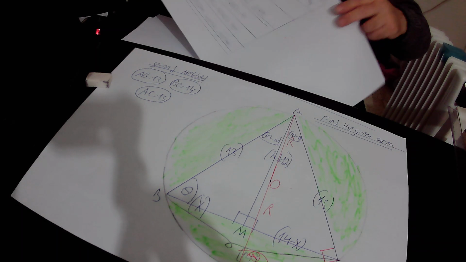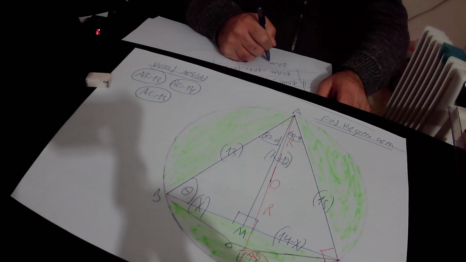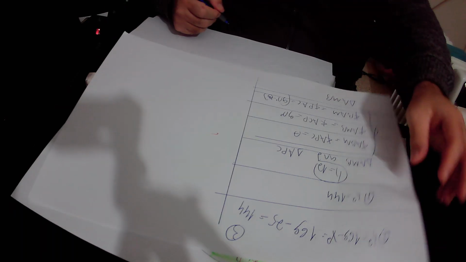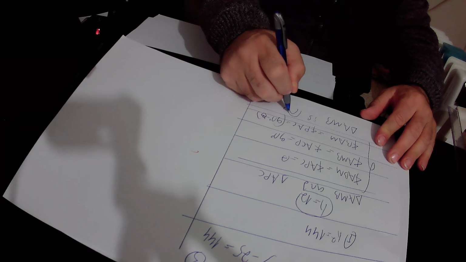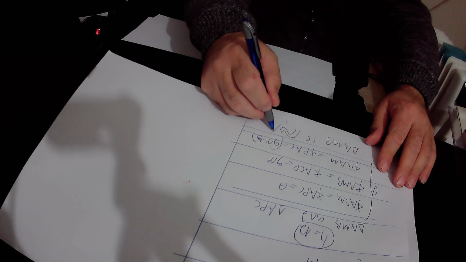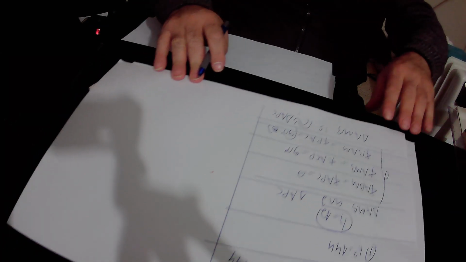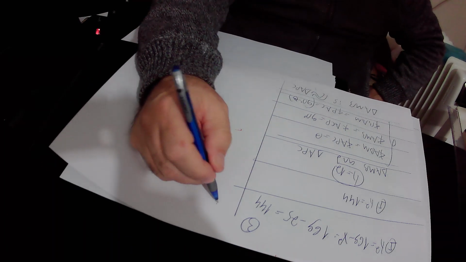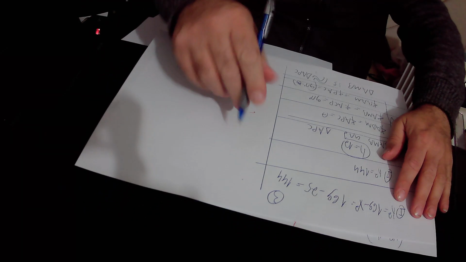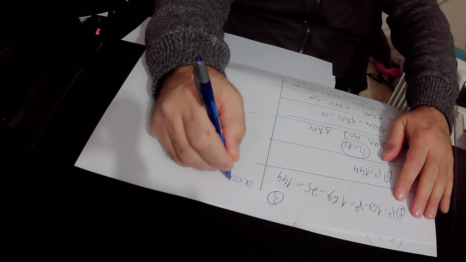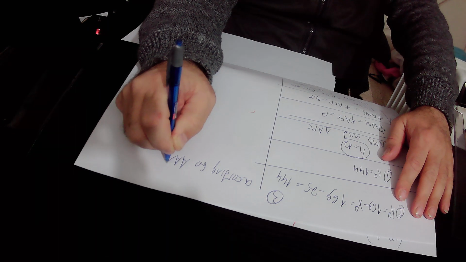We proved that the right triangle ABM is similar to the right triangle APC according to the angle similarity rule.